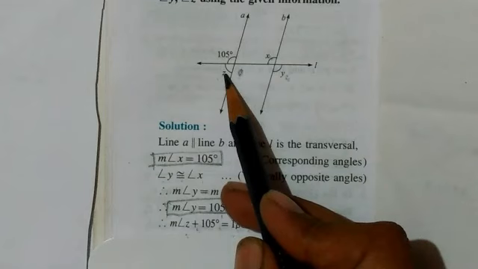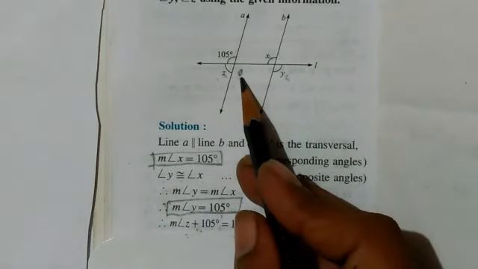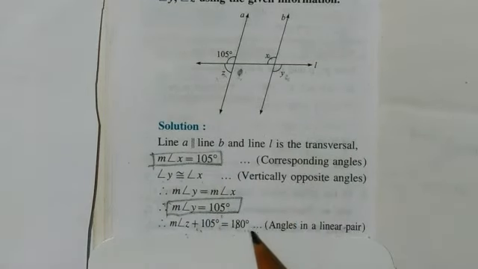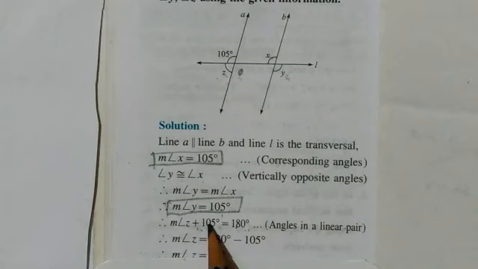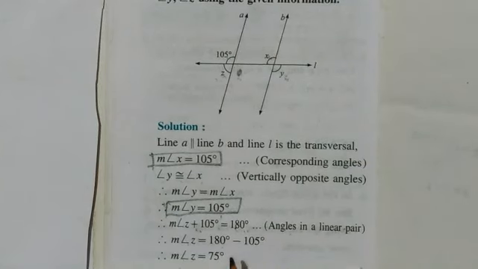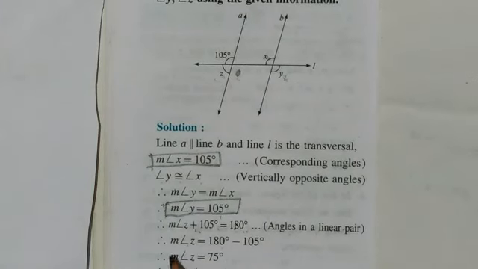Measurement angle Z plus 105 is equal to 180 degrees, and the reason is angles in a linear pair. Now this 105 is being added here, so we will subtract it from the opposite side. Measurement angle Z is equal to 180 minus 105 degrees. Measurement angle Z is equal to 75 degrees.